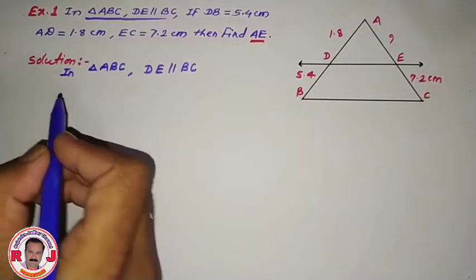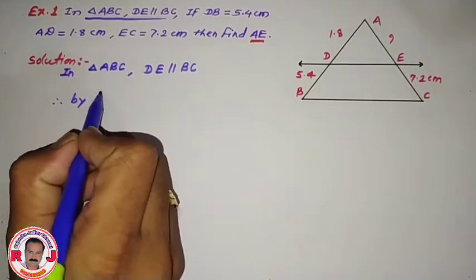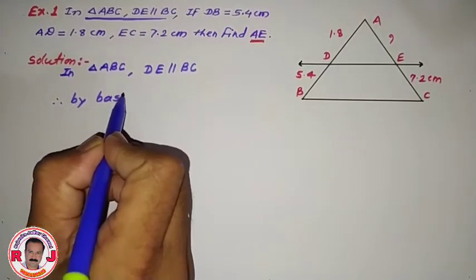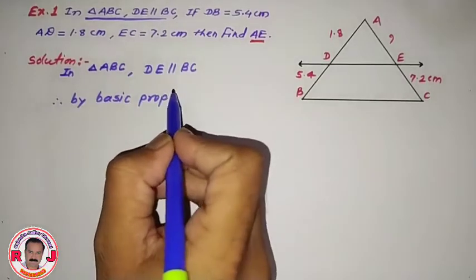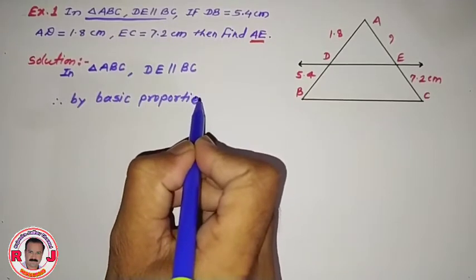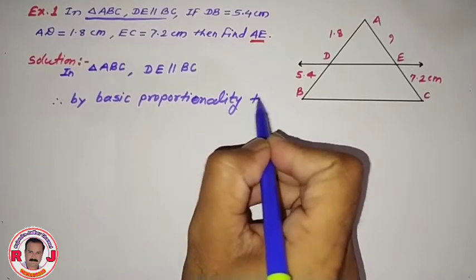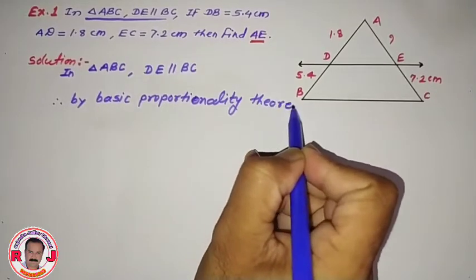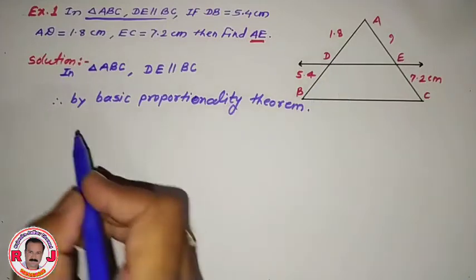By the basic proportionality theorem, write down the ratio AD upon DB.